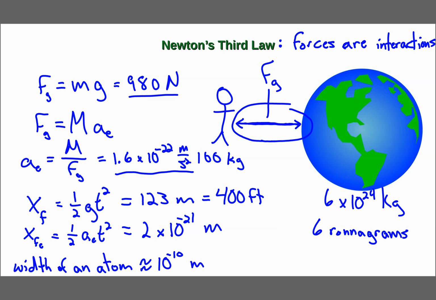So in 5 seconds of pulling on the Earth, I would move the Earth by about 1/100 billionth the width of an atom.